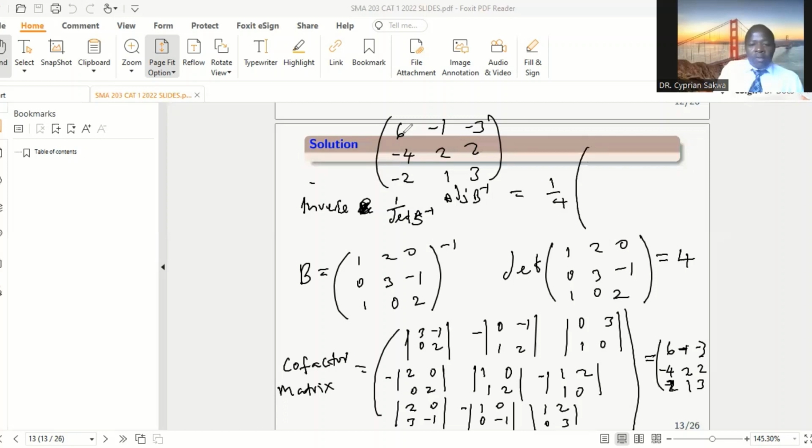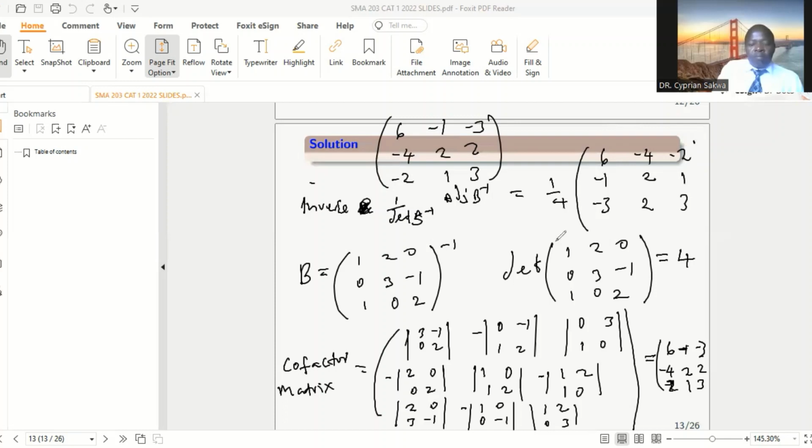And the adjoint, we write the transpose of this matrix, which is 6, negative 1, negative 3, negative 4, 2, 2, negative 2, 1, 3.